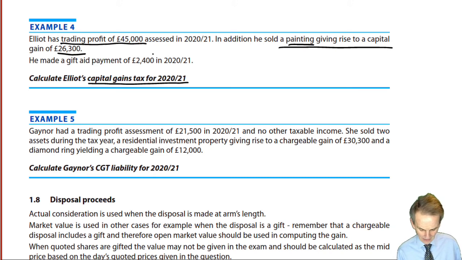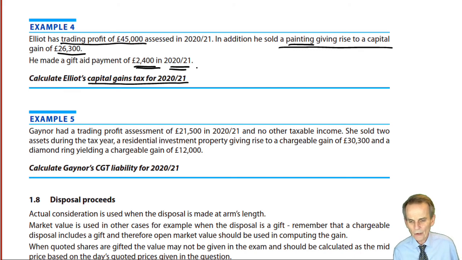But he made a gift aid payment of £2,400 in that year. £2,400 is the actual amount paid. What's the relevance of that? The relevance, which you should recall from your Chapter 2 income tax knowledge, is that we have an extension of our basic rate band by not the amount of gift aid paid, but by the gross amount of that gift aid paid.